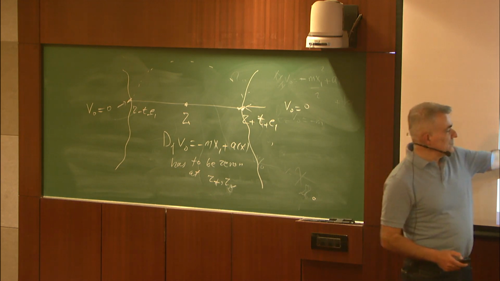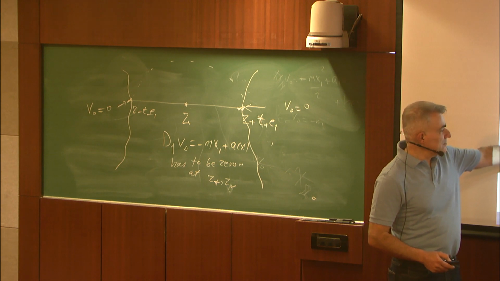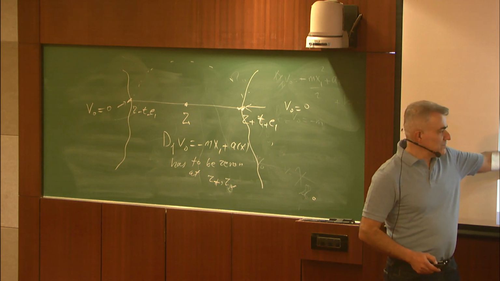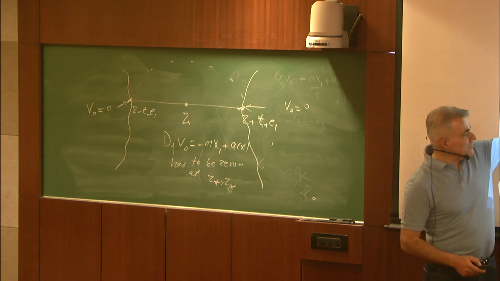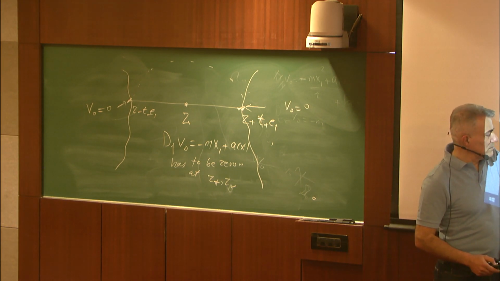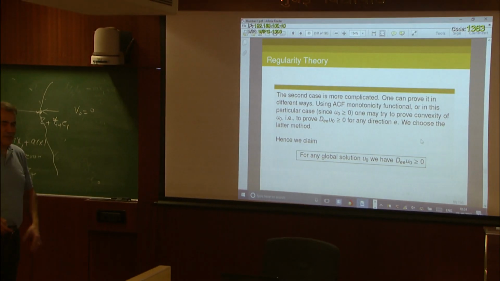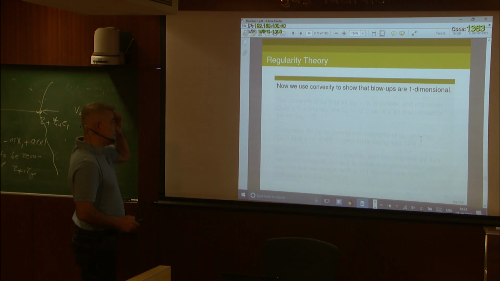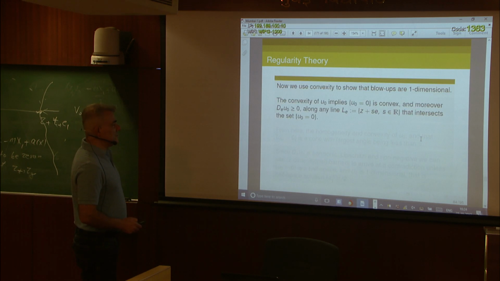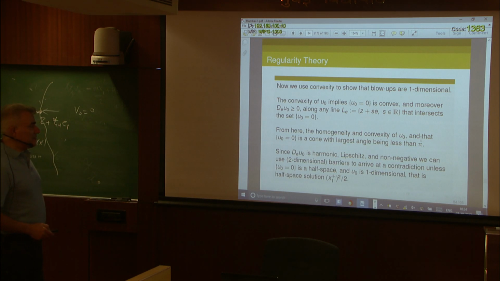I want to prove that this is non-negative. So I'm assuming it becomes negative infimum, and then I get a contradiction. So the claim is that this is non-negative, and we have shown that. So we have shown that the second derivative of U0 in any direction is non-negative. So now U0 becomes convex.